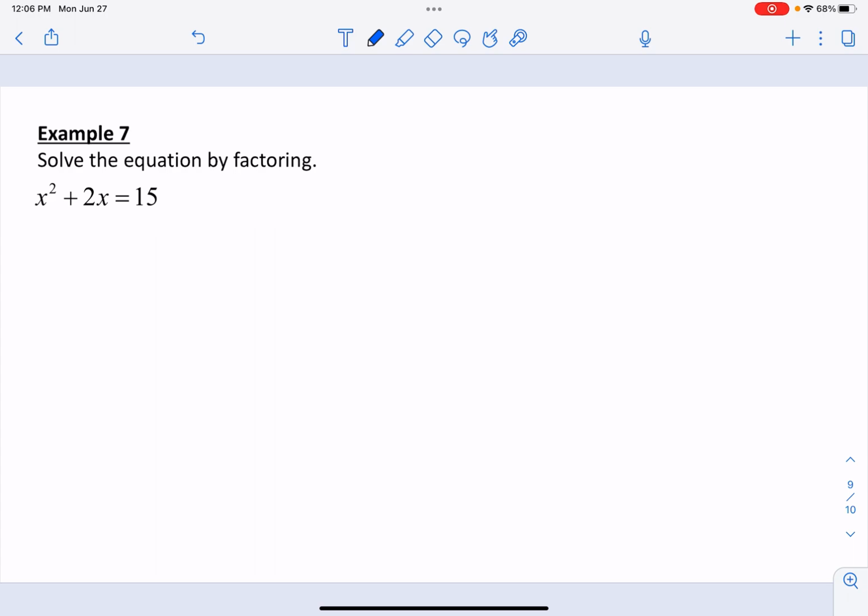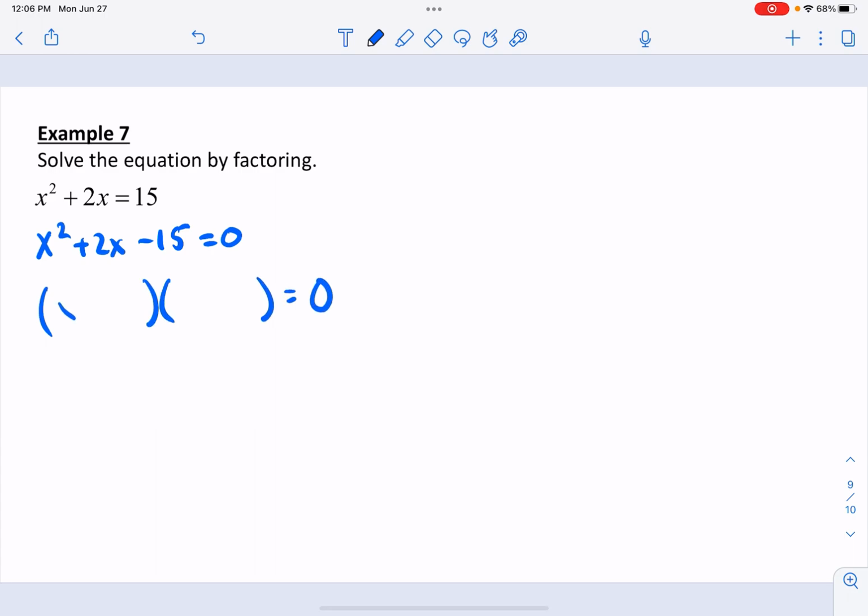Okay, I have to get one side to be 0. And now I factor. Since my product is a negative number and my sum is a positive number, one has to be negative, one has to be positive. So then I start looking at the factors of 15. Because I'm negative, I need the difference.